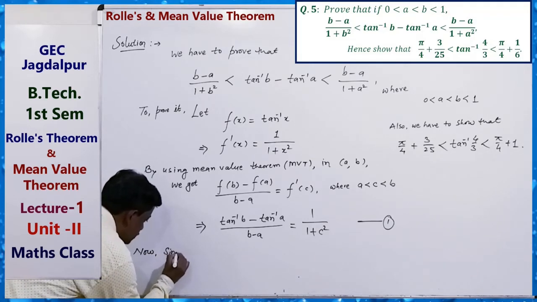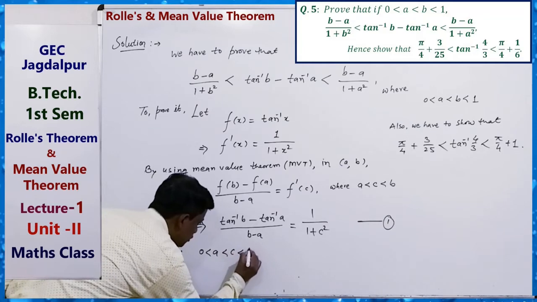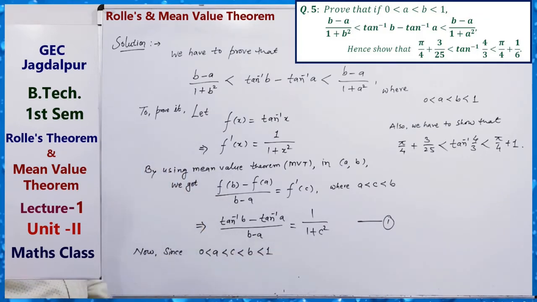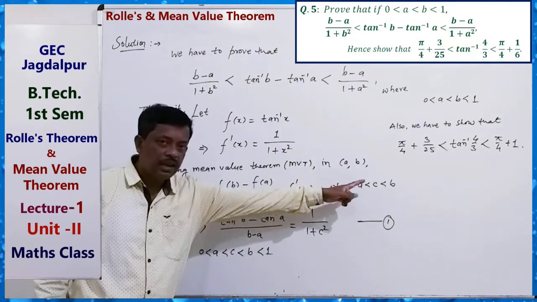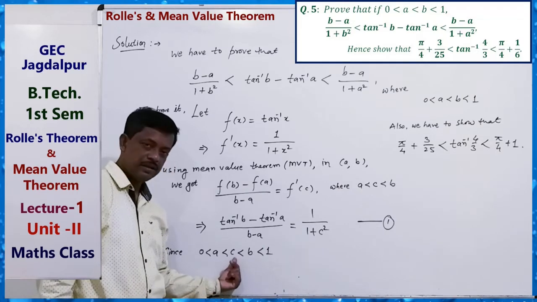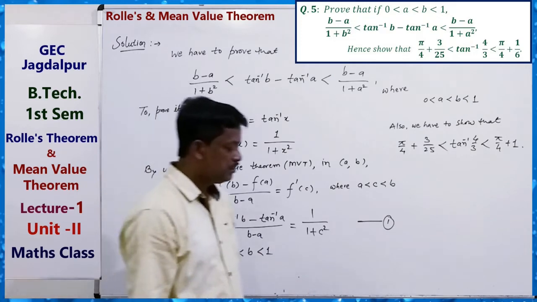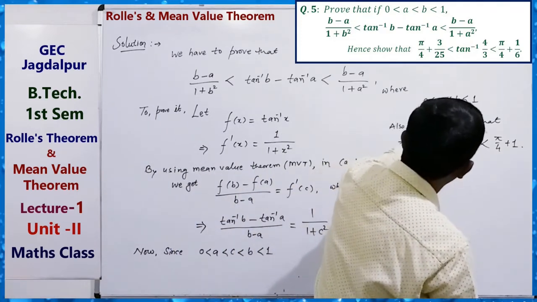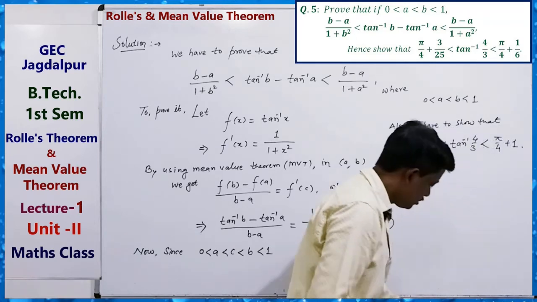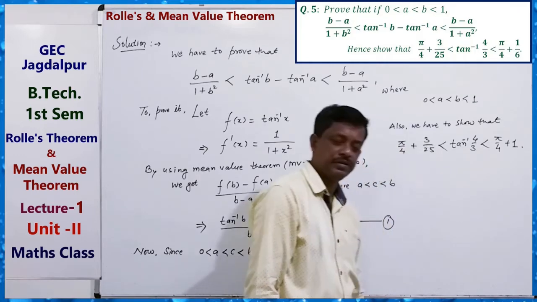Now, since 0 is less than a less than c less than b less than 1, because c lies between a and b, a is greater than 0, and b is also less than 1, as given.